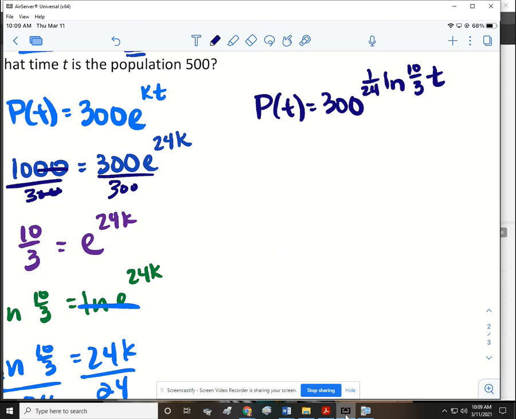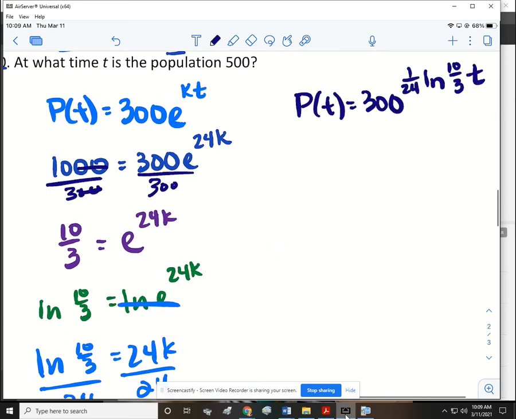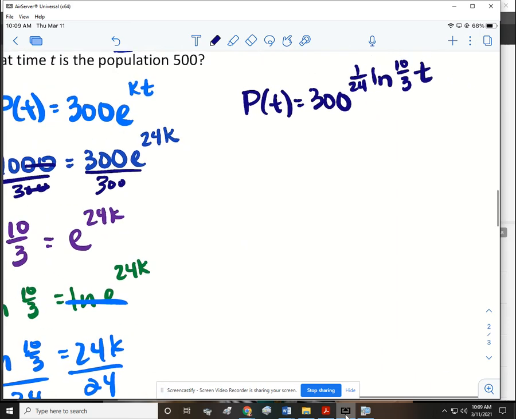All right, so the question is, at what time is the population 500? So this is a different problem. This one's actually a little more difficult than the one we just did. So we're finding t. So we would put the 500 in for P.